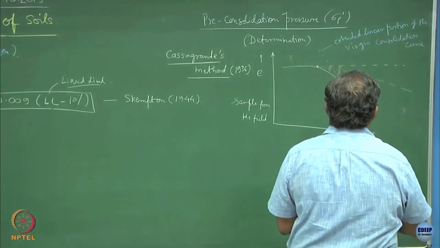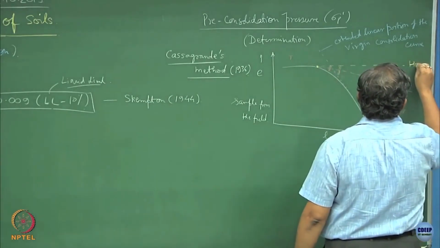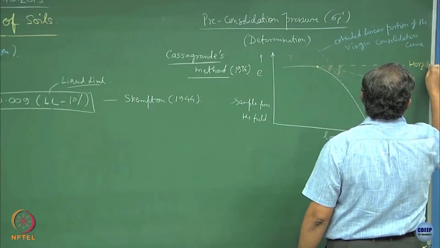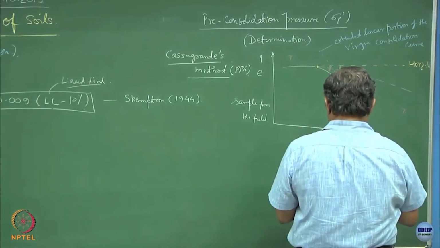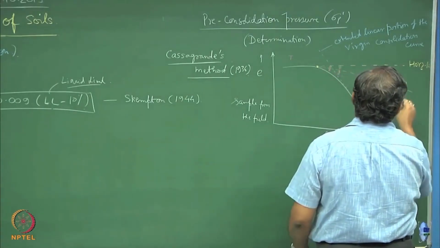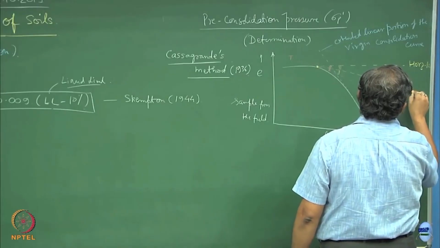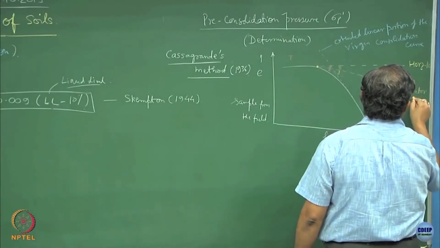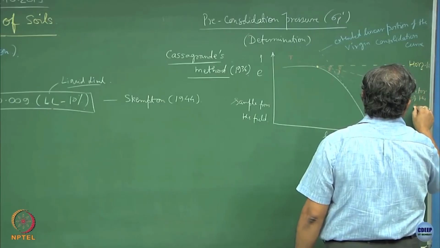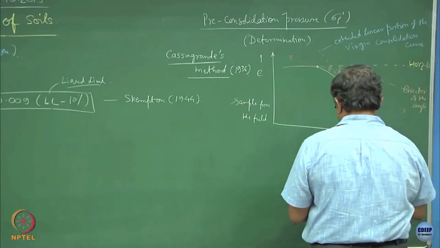This is the horizontal line, this is the bisector of the angle, and this is the tangent.